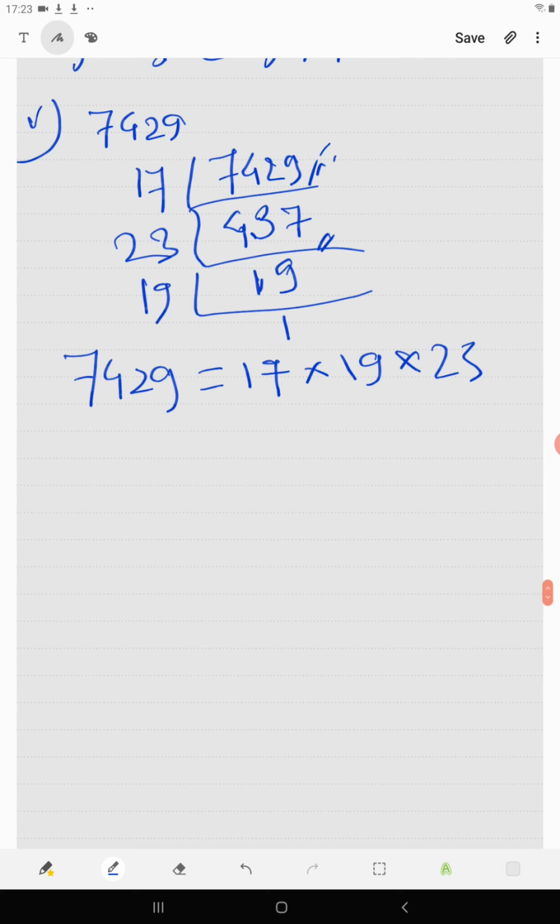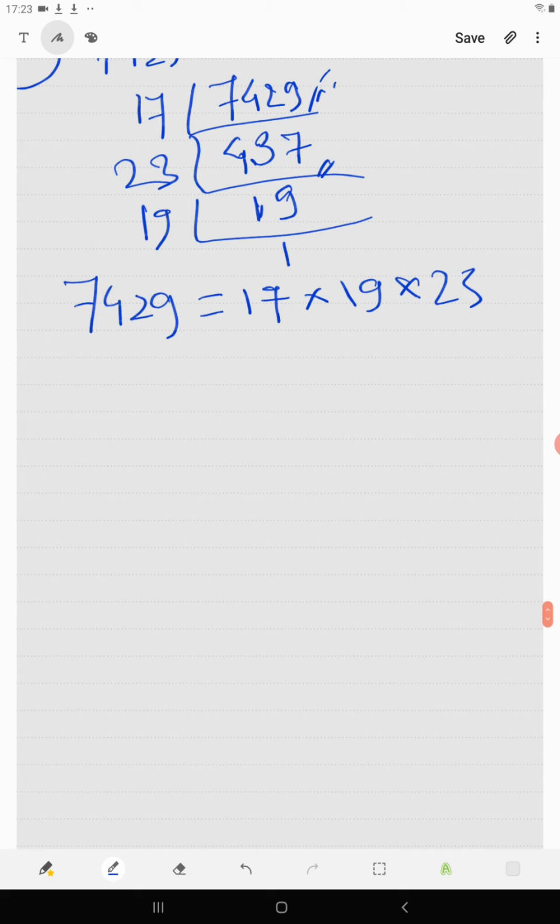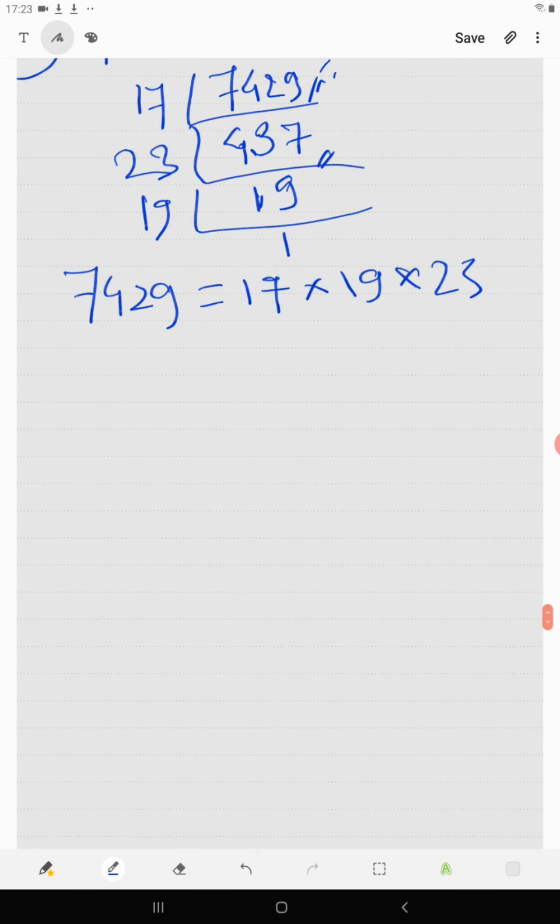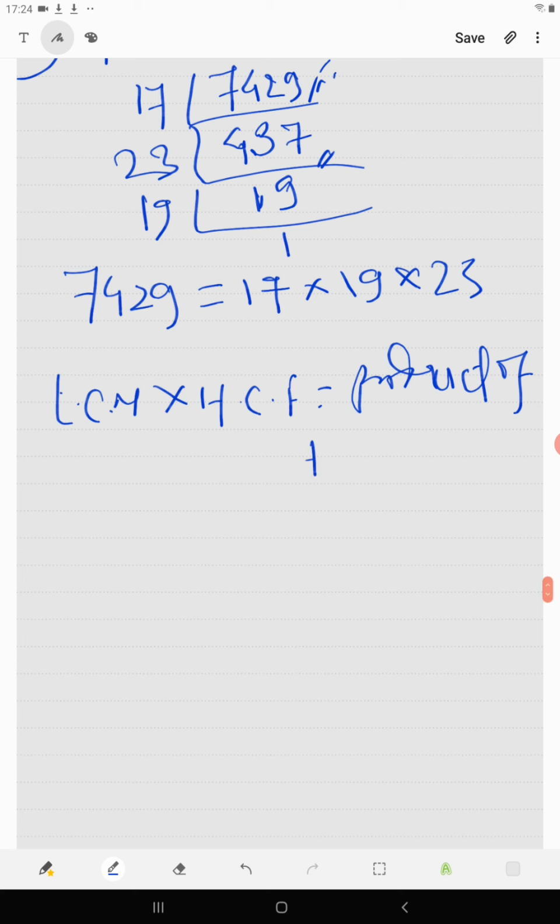To move further, I want to tell you one more thing, a formula which I didn't tell till now: for any two numbers, LCM into HCF equals the product of the numbers.